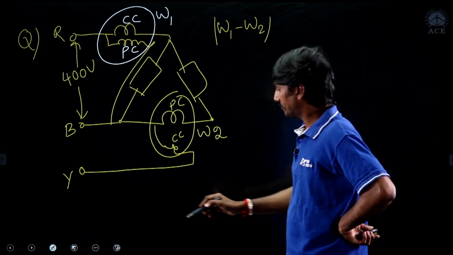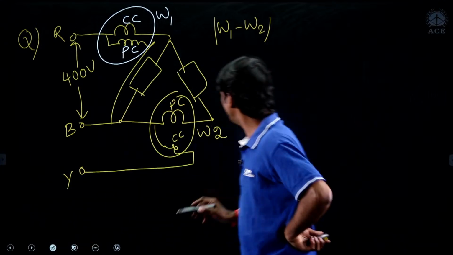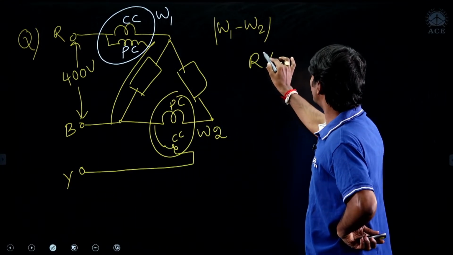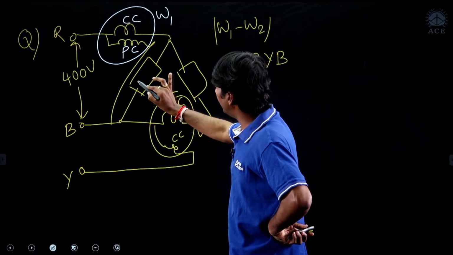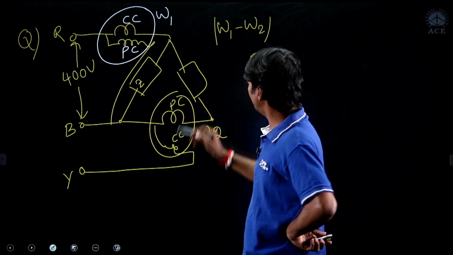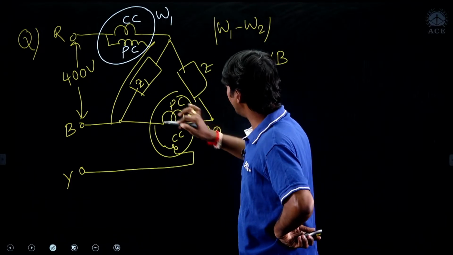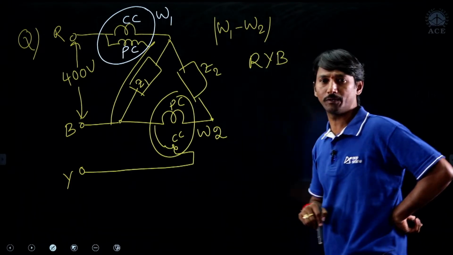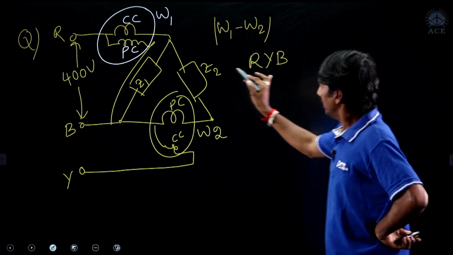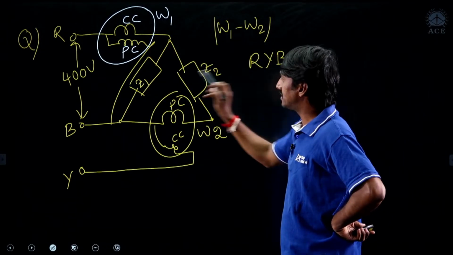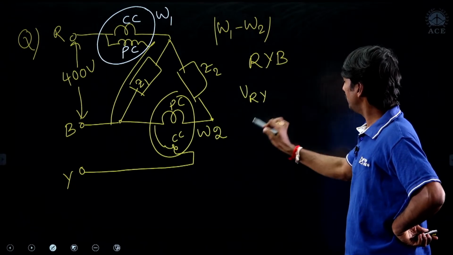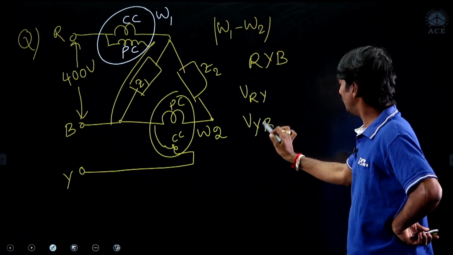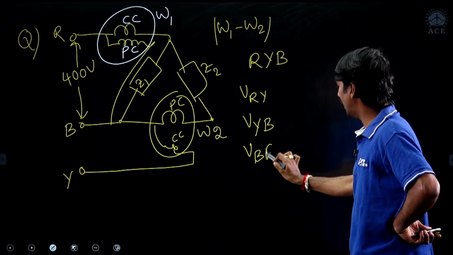In this question, some other data is also given: the sequence to be considered is RYB, and some load values are given. I am taking Z1 and Z2 for example. According to the RYB sequence, the supply is VRY, VYB and VBR.